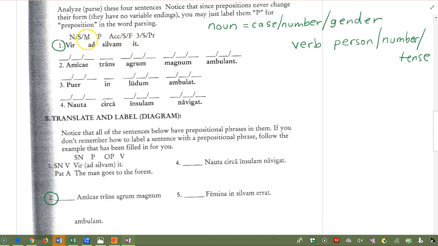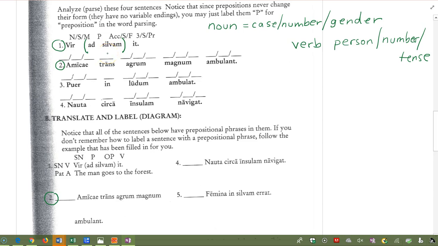Now we know that we have prepositions. So let's just slide them off. This one's been done for us, so I'm going to work on that one and that one. But take a look. This is a preposition, and it's telling us, is it taking accusative case or is it taking an ablative case?